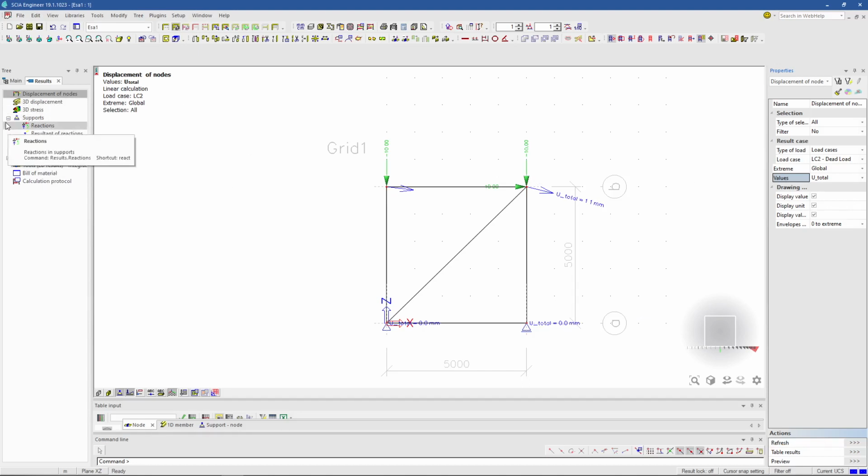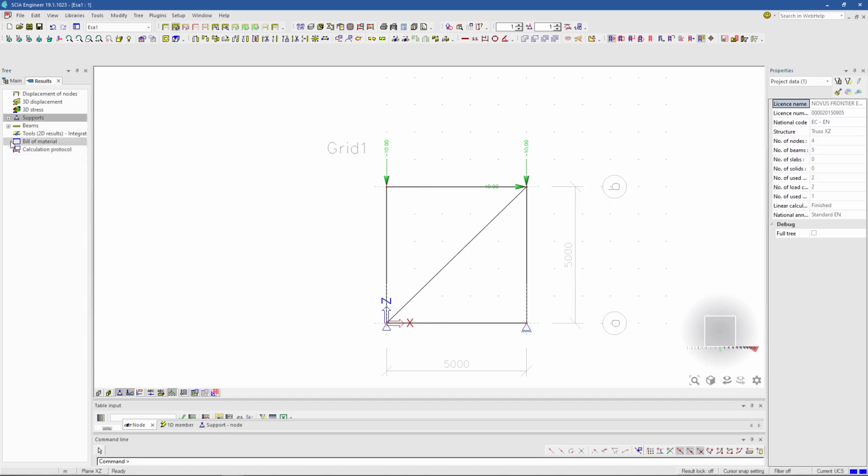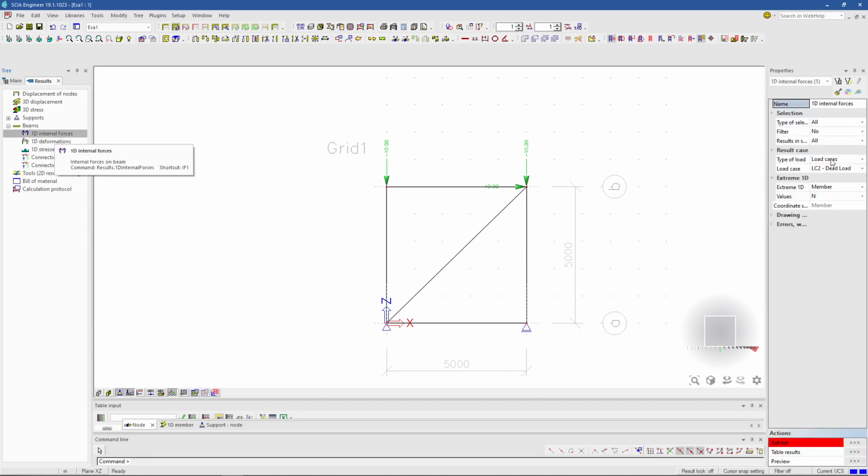Then there's another thing we'll go over to check, those members and their actions, because members in trusses are axially loaded, and then they'll have axial effects or actions. Over to the internal forces.